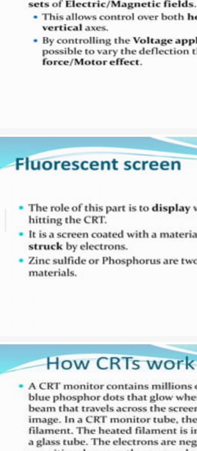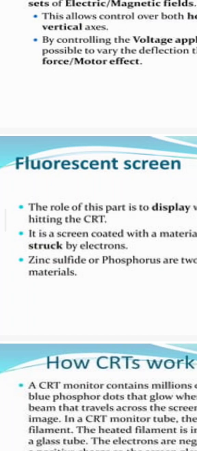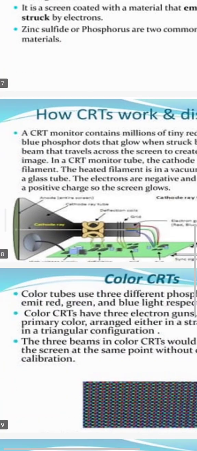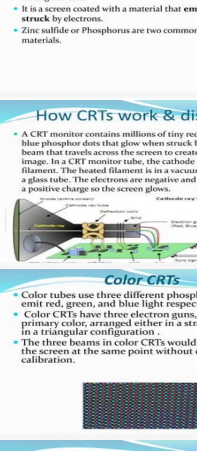Without the phosphorus coating, when the electrons hit the screen, it immediately turns off. With phosphorus coating we can retain the glow for some time. So in the CRT, the electron gun produces electrons that move through the focusing system and deflection plates and then hit the phosphorus coated screen, so we can see the light on the screen.